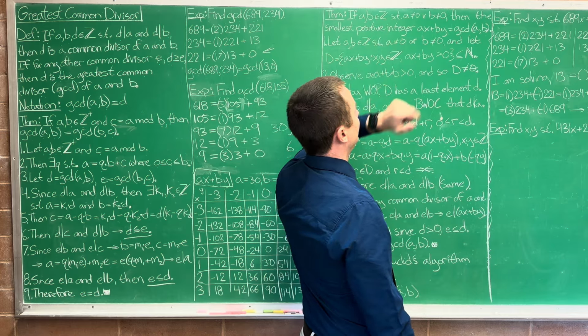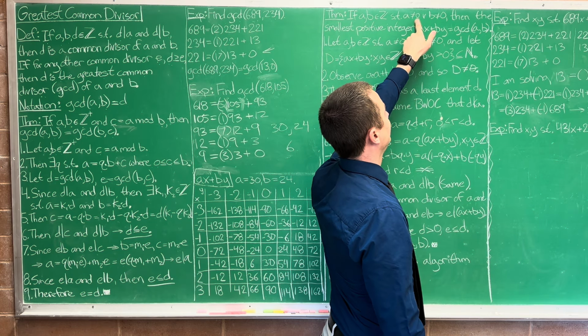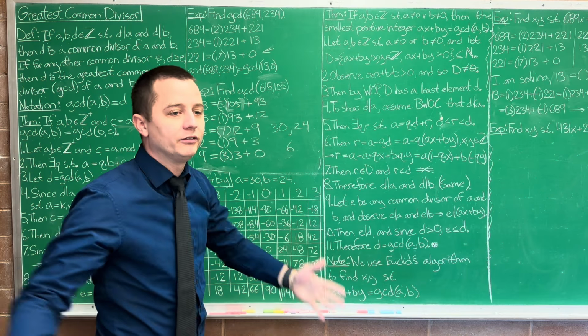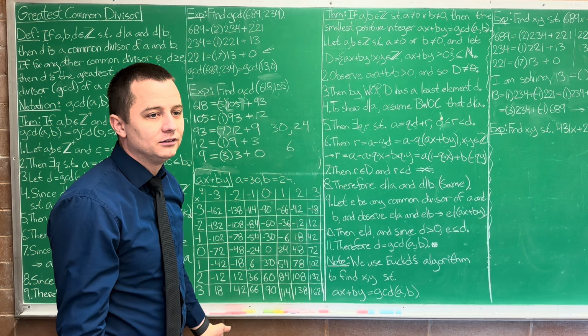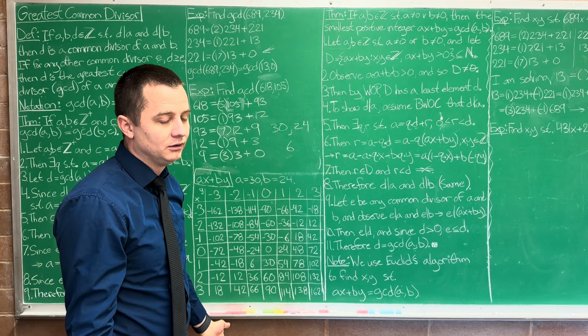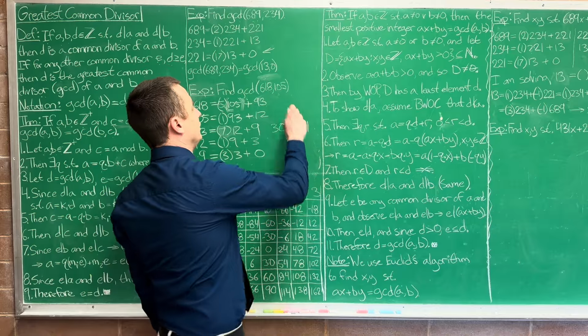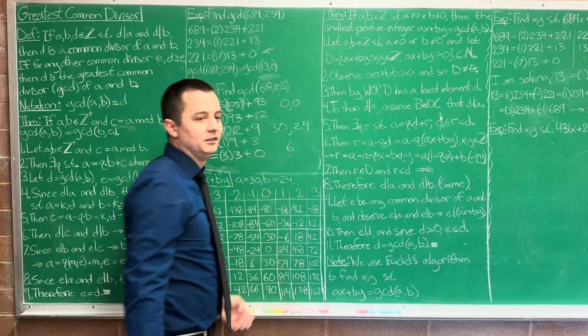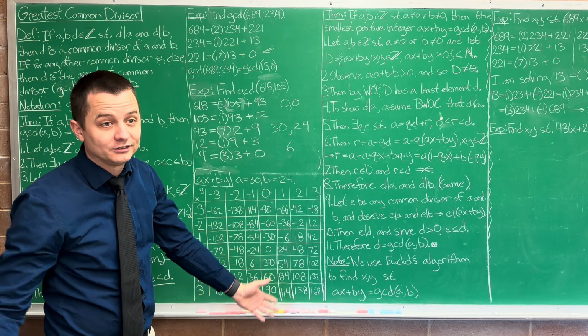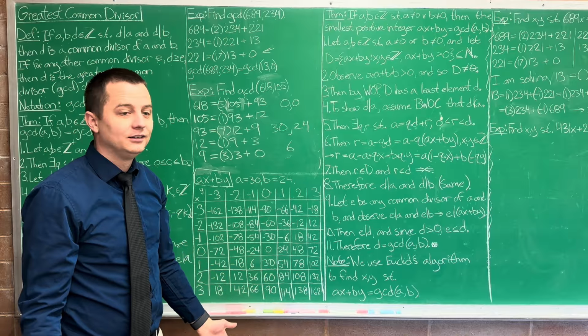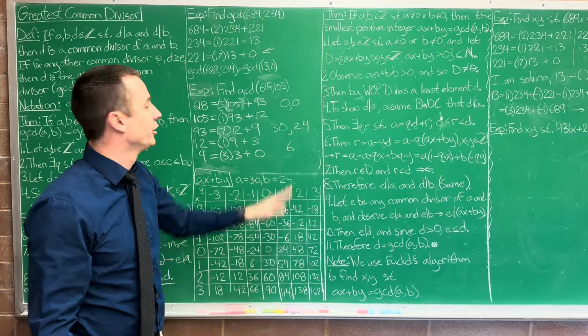So, let a and b be integers such that a is not 0 or b is not 0. At least one of them is not 0. Why do we need at least one of them not to be 0? What's the greatest common divisor of 0 and 0? Yeah, bad question. There isn't one. Oh, because any number divides both of them.